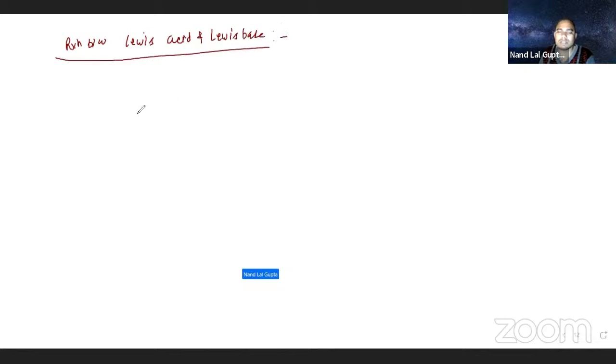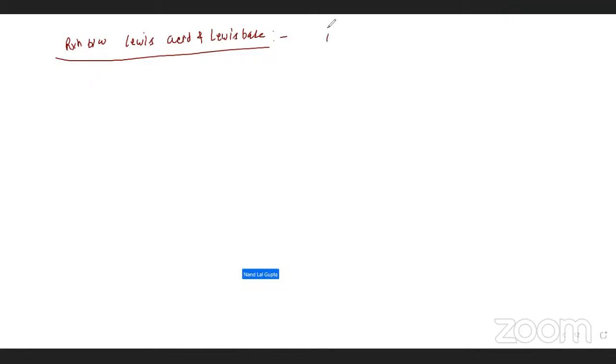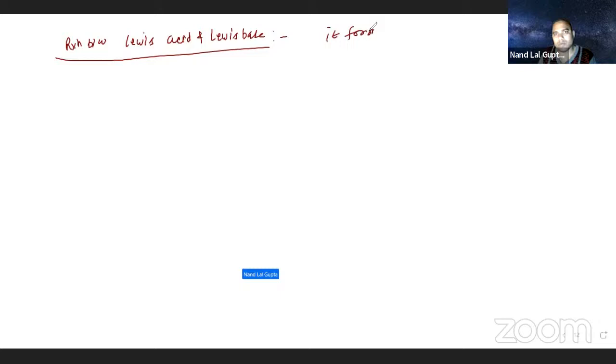Here, the reaction between Lewis acid and Lewis base forms a coordinate bond.